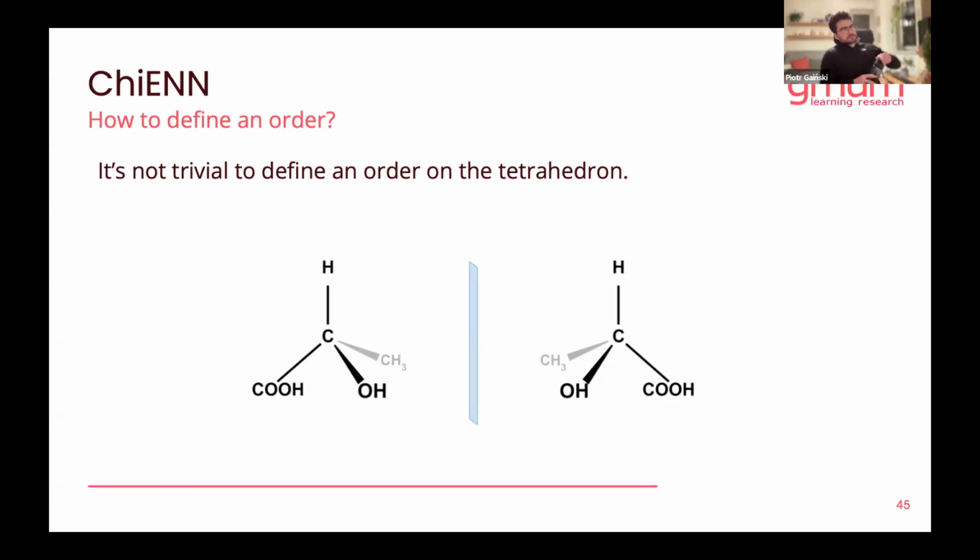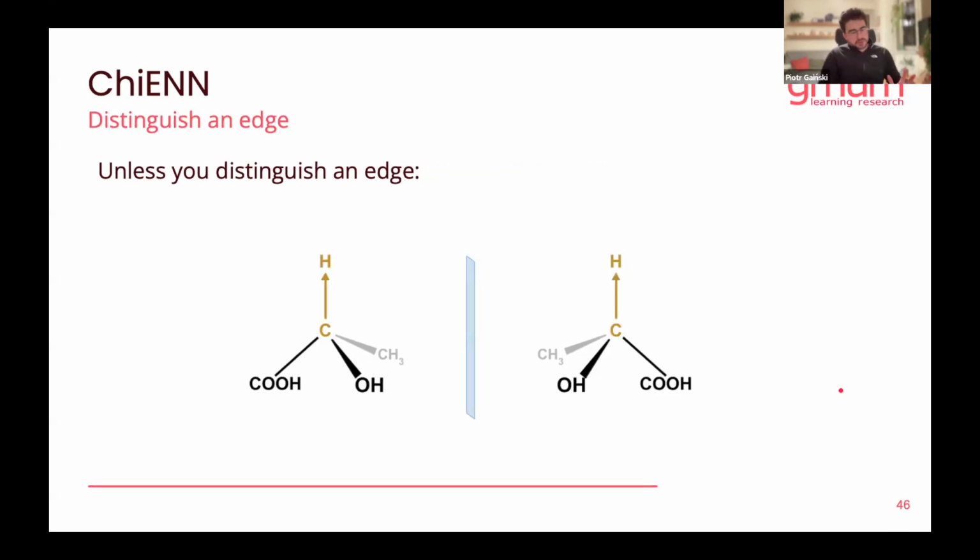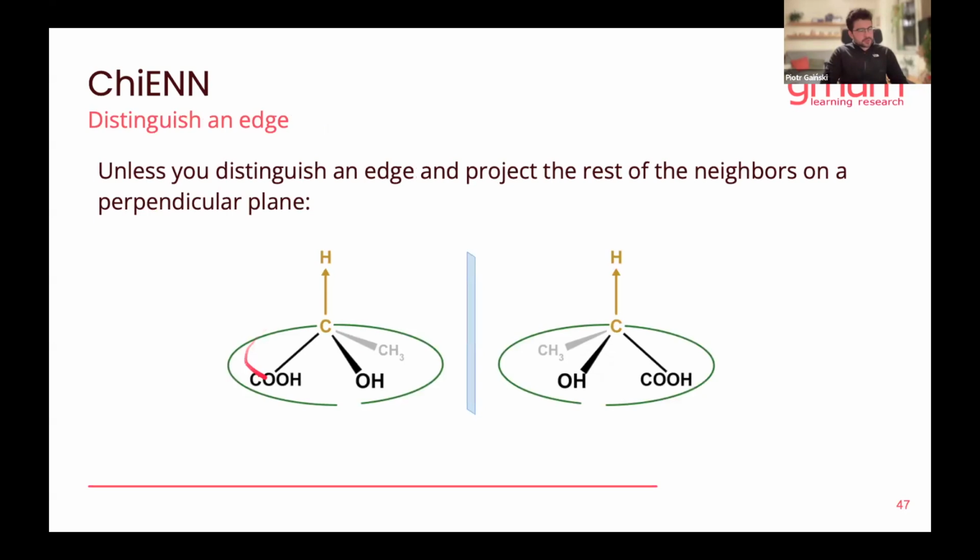However, at least to me, it's not so trivial to define an order for 3D graphs, like the neighbor order, even for a simple tetrahedron. However, it starts to be simple when we distinguish an edge. As in the explicit tagging scheme, we distinguish one edge, and right now we can draw a plane that is perpendicular to that edge.